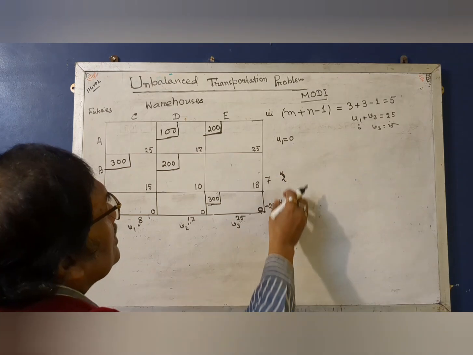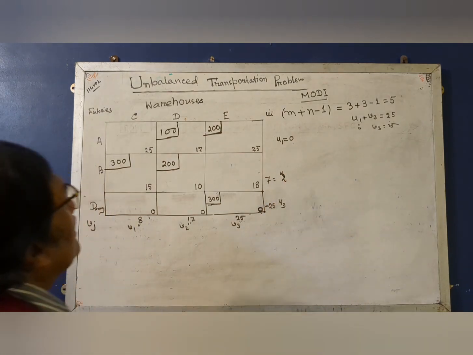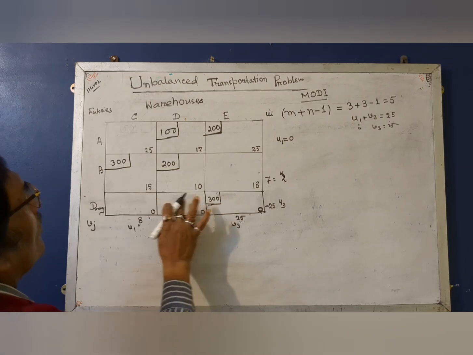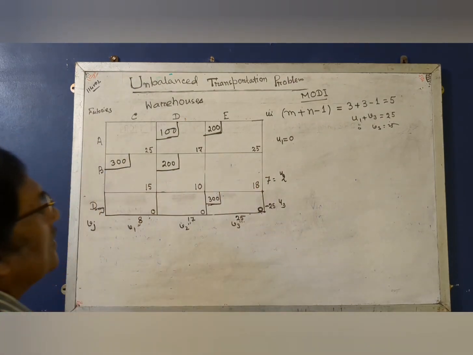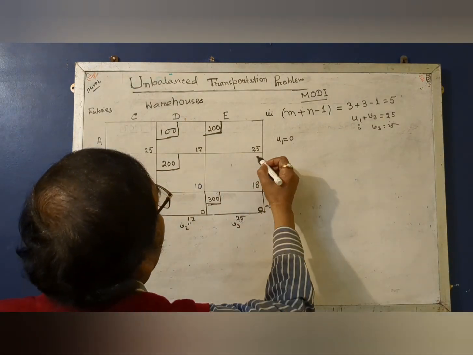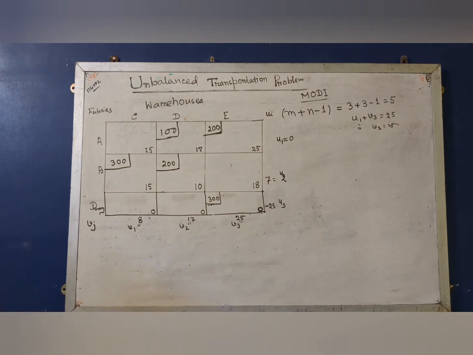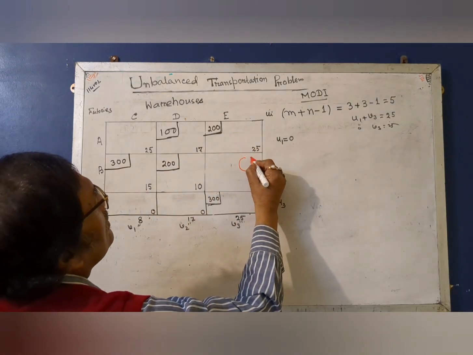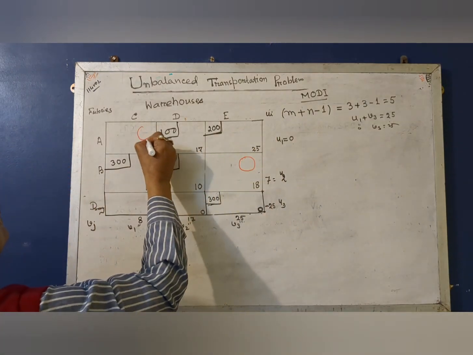With the help of these dual variables, U2 is equal to 7, you have to find the value of the non-basic cells. That I am going to show you. I am marking in a different color, it will be better.